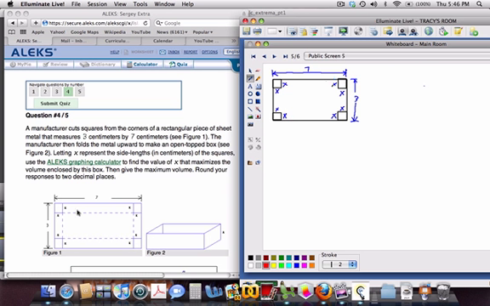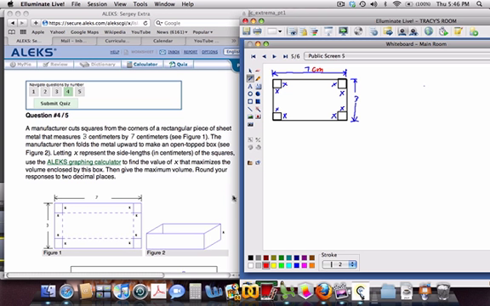Here's this figure, a little more detail on this one. The manufacturer then folds the metal upwards to make an open-topped box, like figure 2. So x represents the side lengths in centimeters of the squares. Okay. So now we want to find the value of x that maximizes the volume.